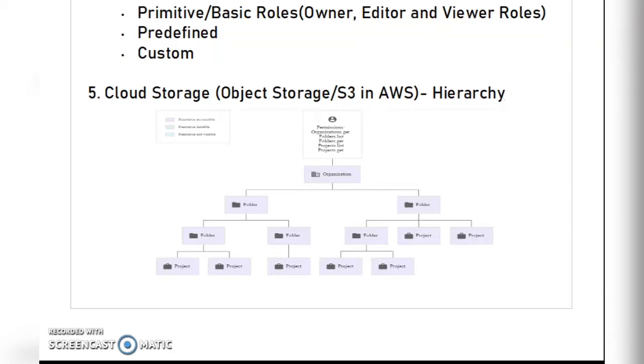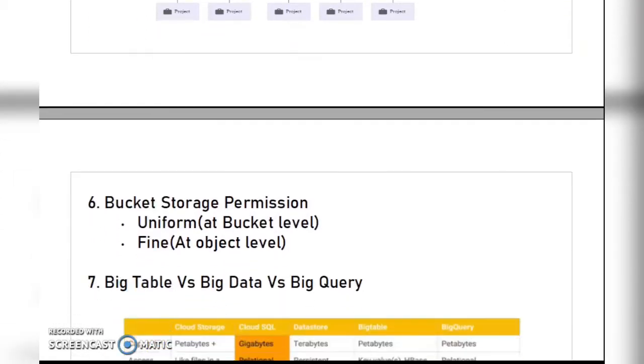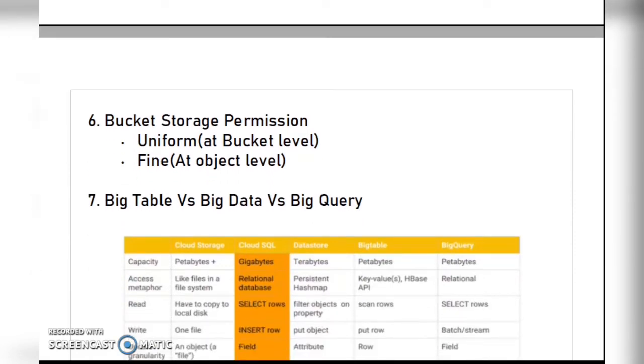When we talk about object storage, bucket storage comes to mind. So Google lets you control the access of the bucket in which you would be storing your files or objects. We have two types of storage permissions when we deal with objects and buckets.